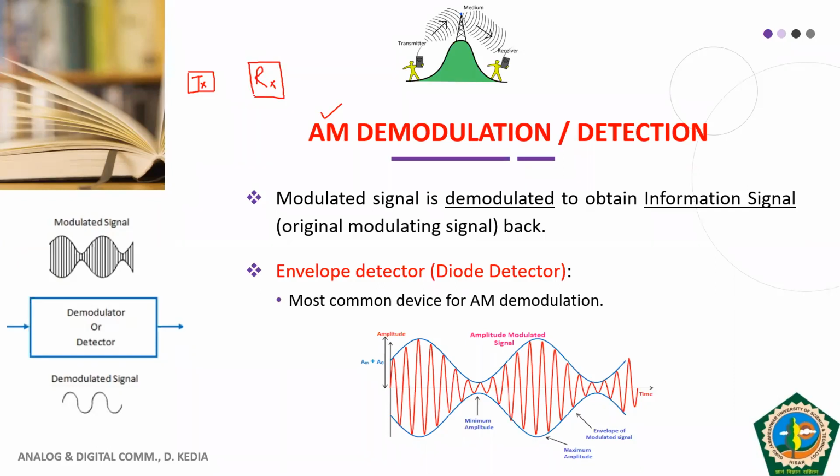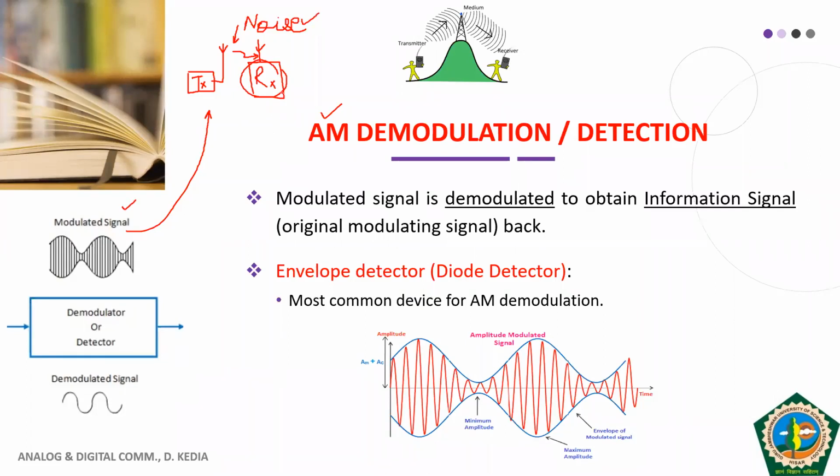We transmit the modulated signal from the transmitter to the receiver. In the channel, noise is added. In fact, we do not add it, it is the inherent characteristic of the channel that noise is added. At the receiver, we get the modulated signal plus noise.